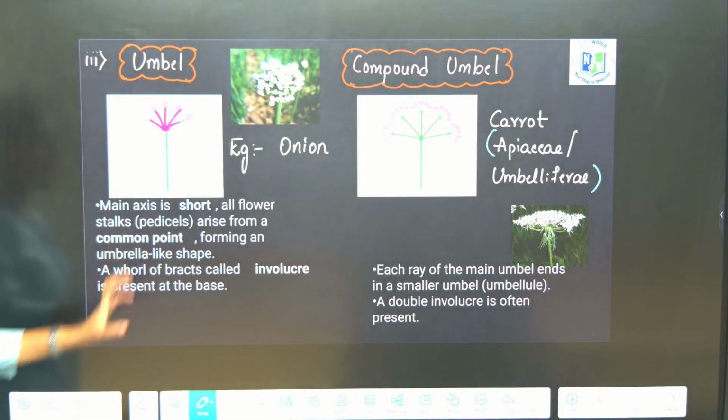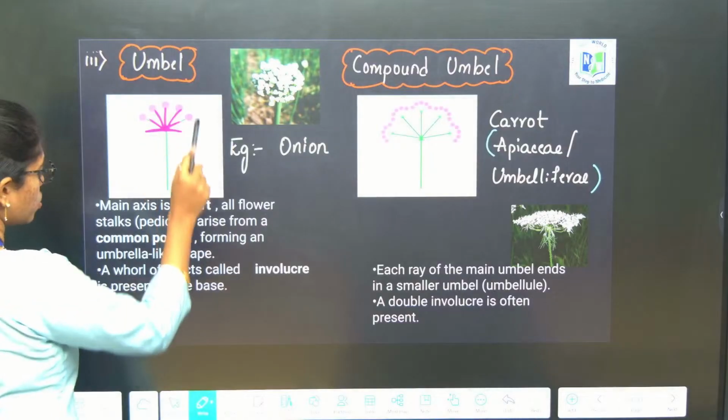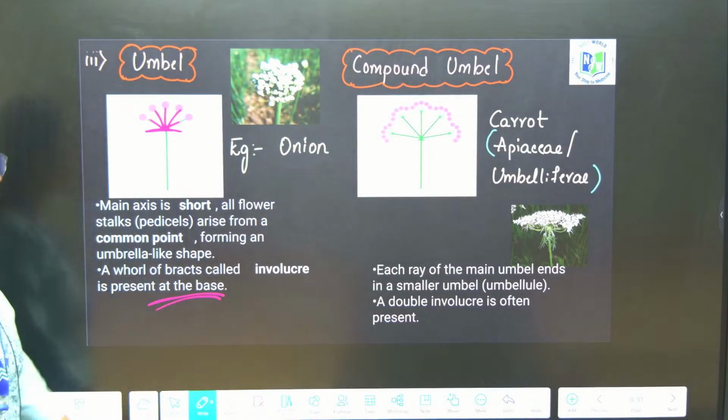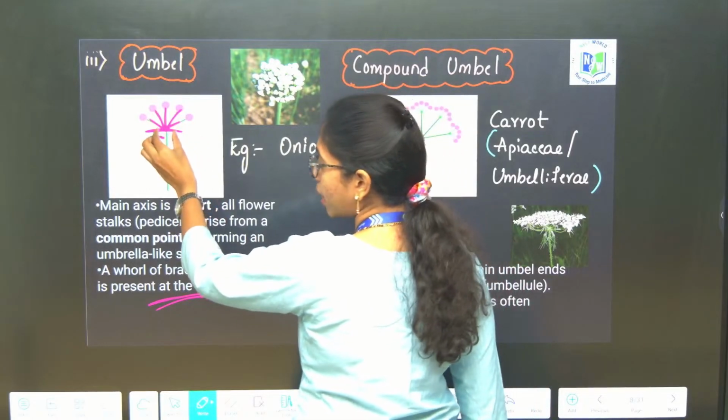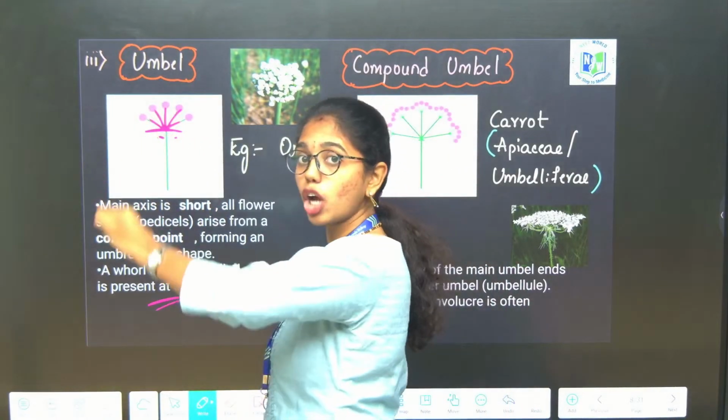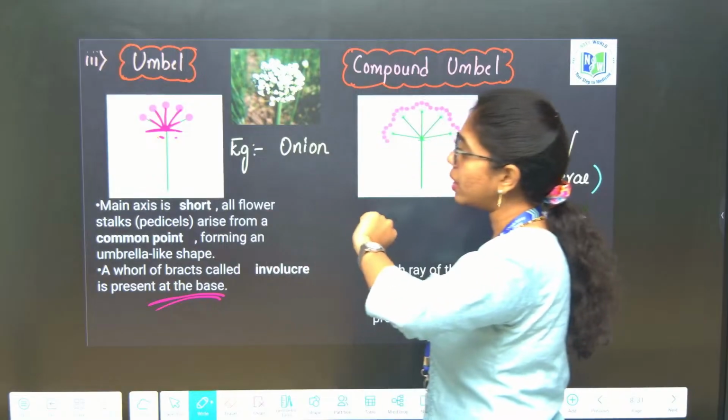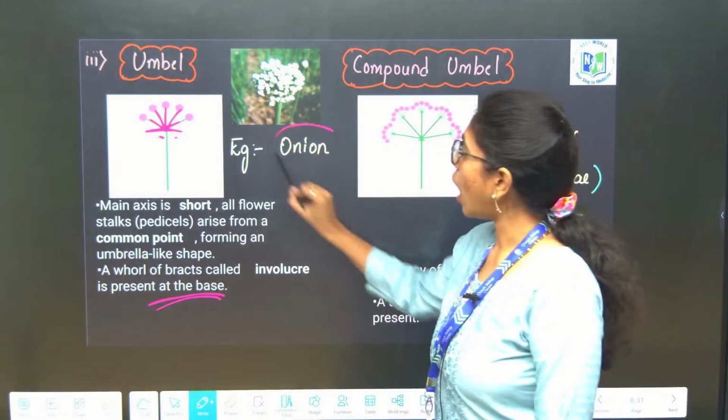A whorl of bracts or involucre is formed at the base, above which pedicels arise at a common point. This is umbel type. Example includes onion.